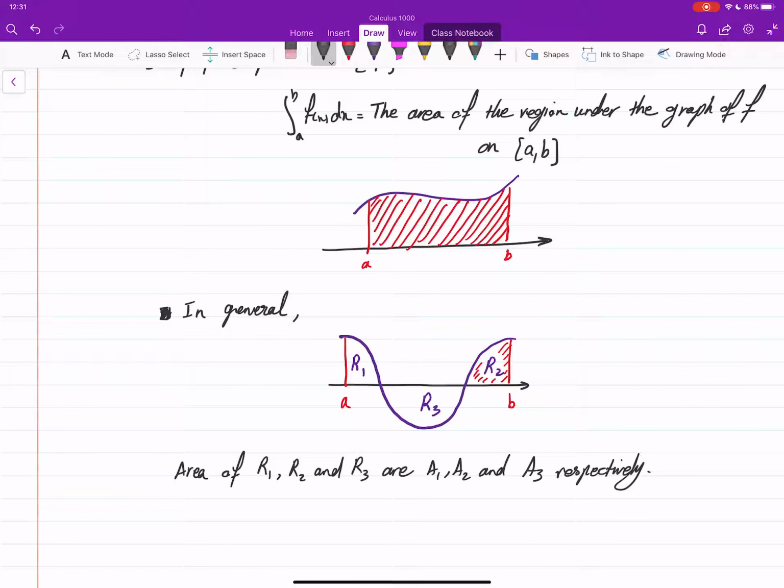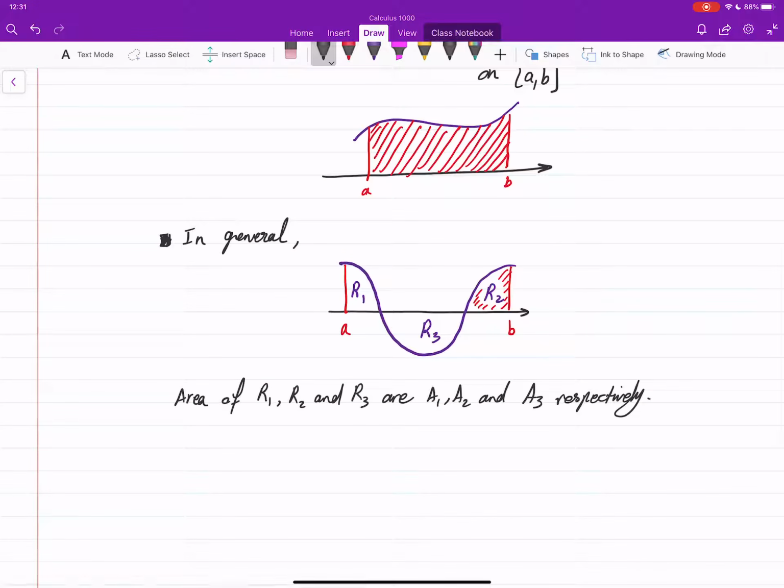So we have three positive numbers. Area is always positive, but if you want to compute the integral from a to b of f of x dx, what you need to do is this. The regions which are above the x-axis, you add the area of those. Those are going to give us positive.